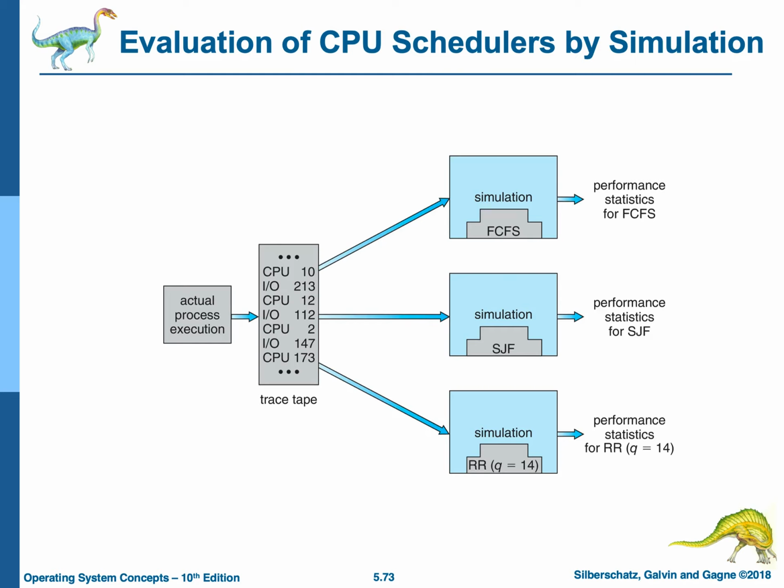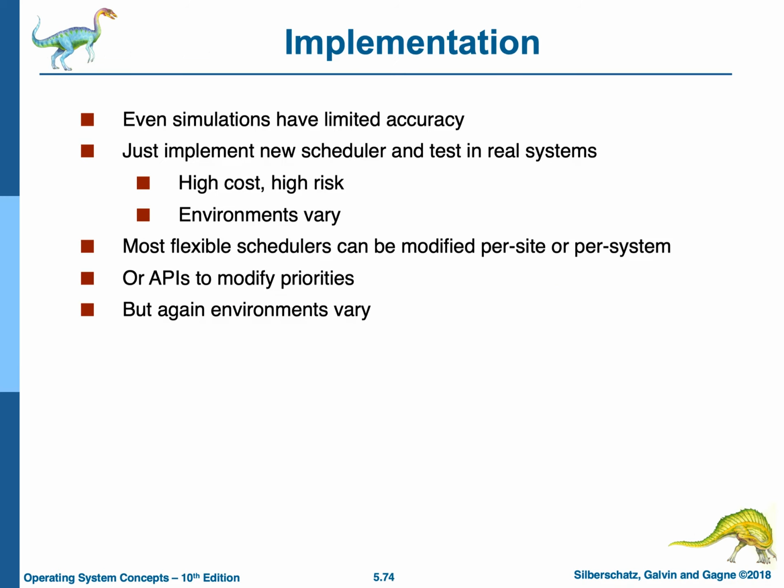The actual processes, CPU, IO, CPU, IO, with time, will take trace steps. Now the implementation. In the implementation, we actually see how much time it has taken and how much CPU utilization there was.